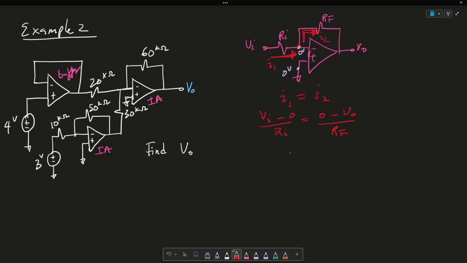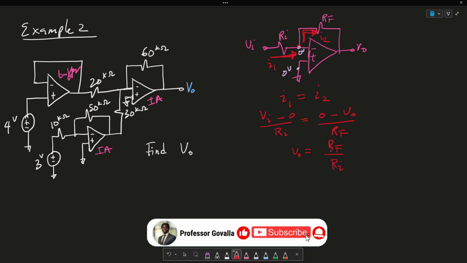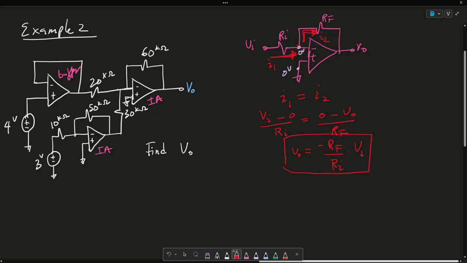If I go ahead and solve for VO, I'm going to get that VO equals negative RF over RI times V in. So that's the equation for the inverting amplifier, just done quickly.